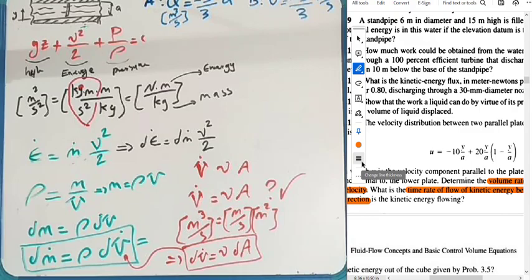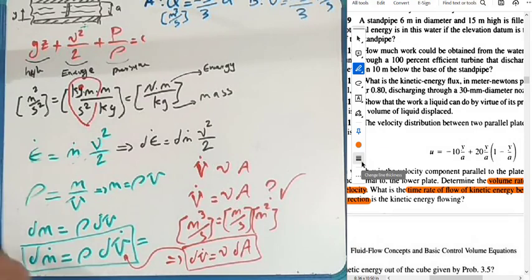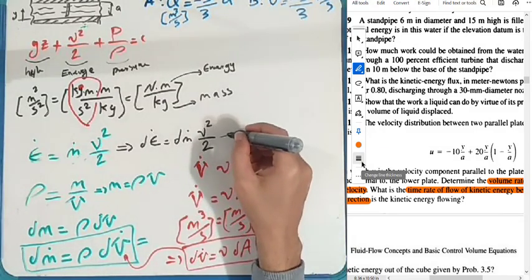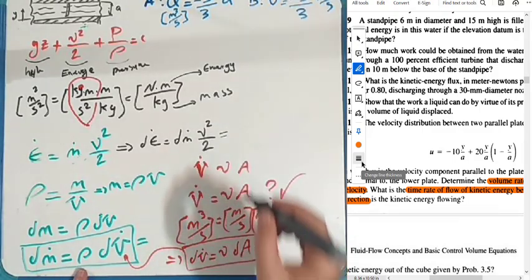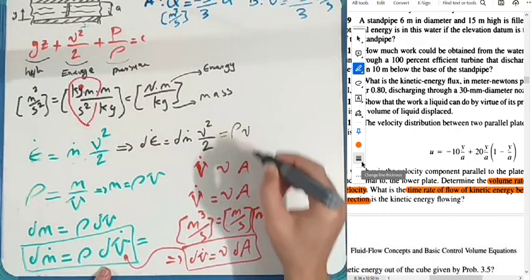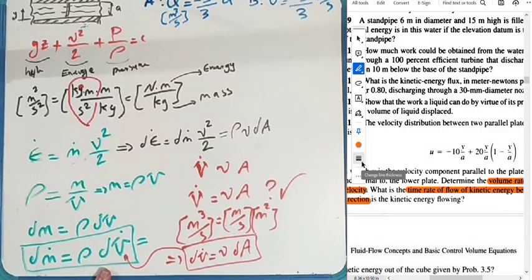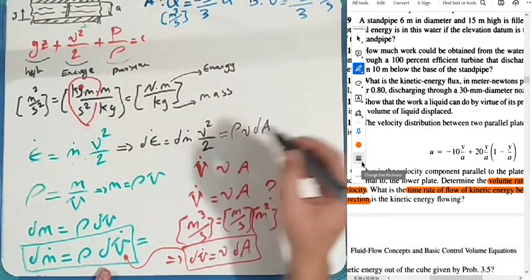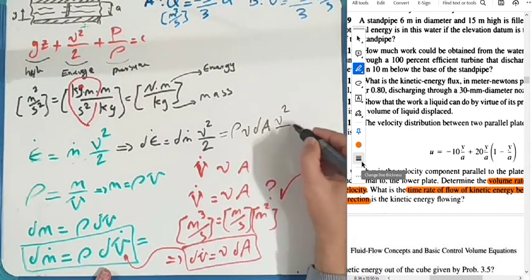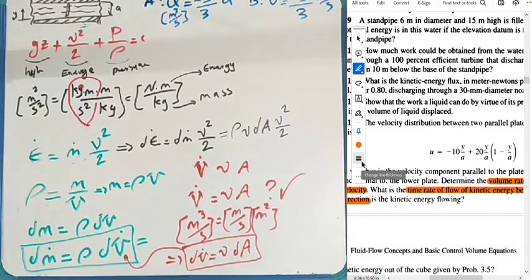This will be equals rho nu dA and nu square over 2. Is it right?